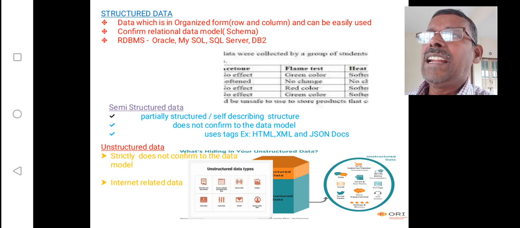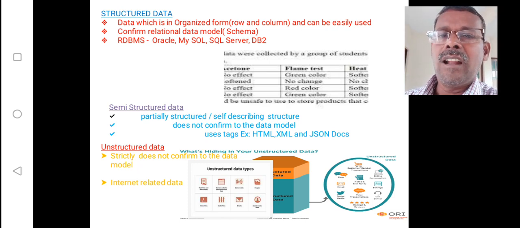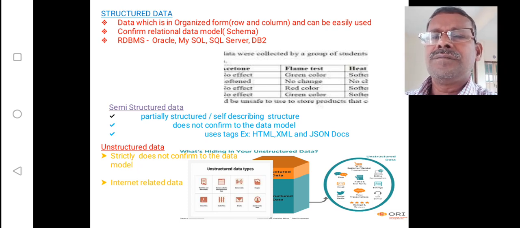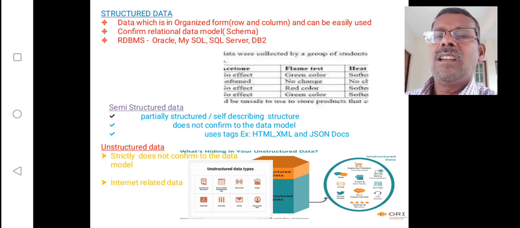The collected data is initially unnormalized data. The unnormalized data must be normalized by applying normalization techniques. Finally, the normalized data is stored in a database.